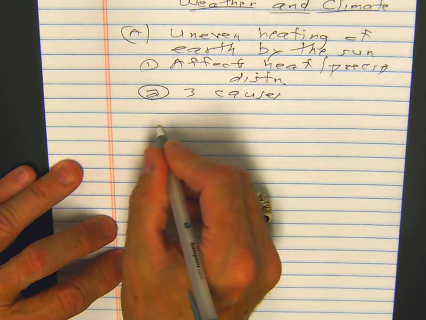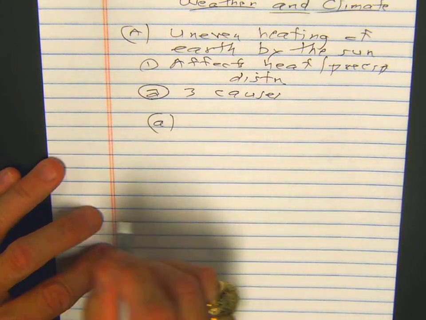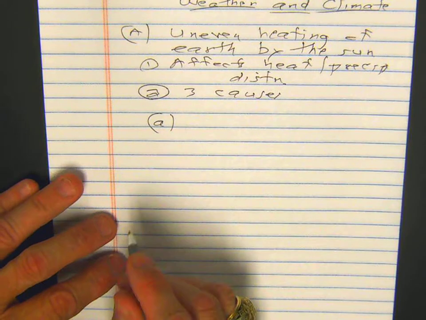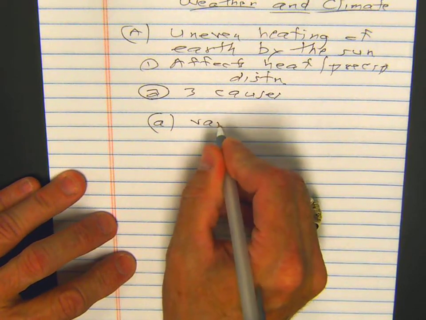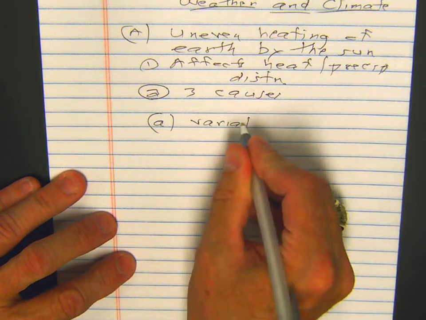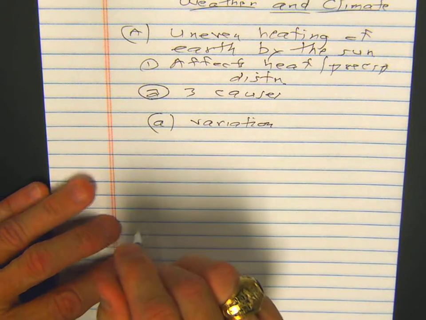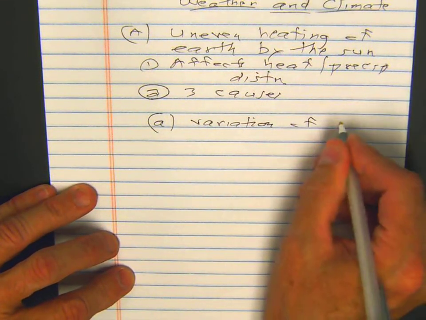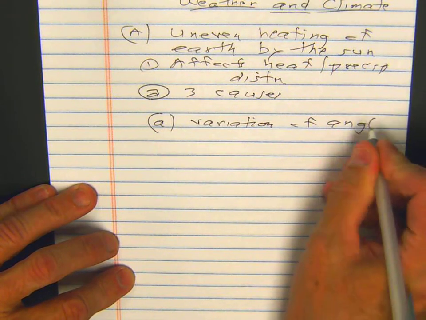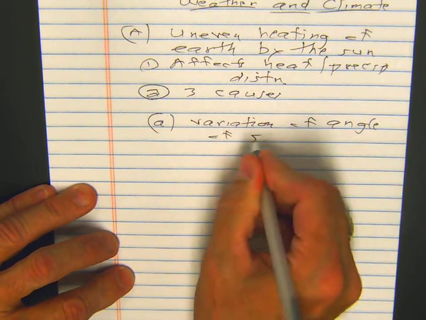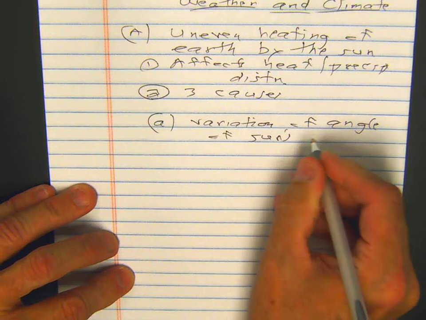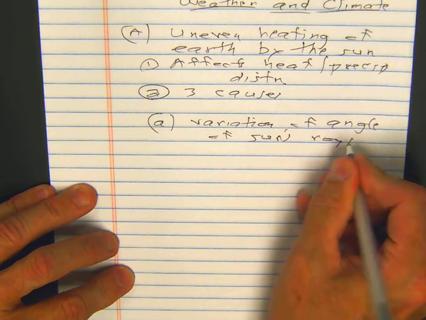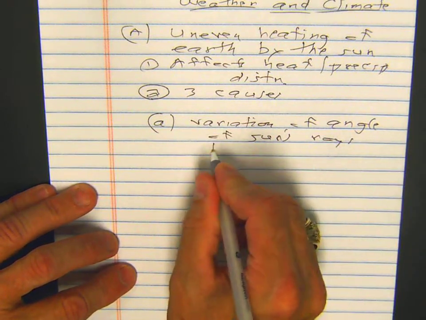All right, the first one, I'll just call this A, and I'm going to draw a little diagram for you in a minute. Variation of the angle at which the sun's rays strike the Earth. So variation of the angle of the sun's rays hitting the Earth.